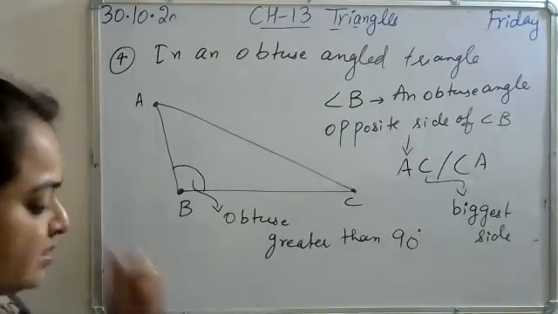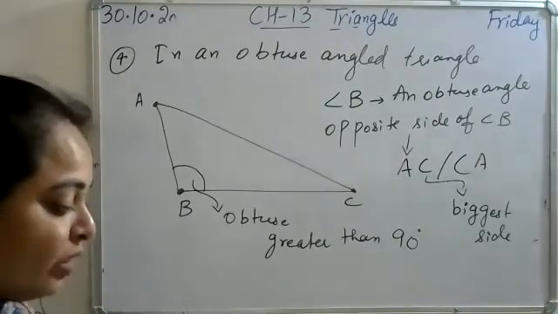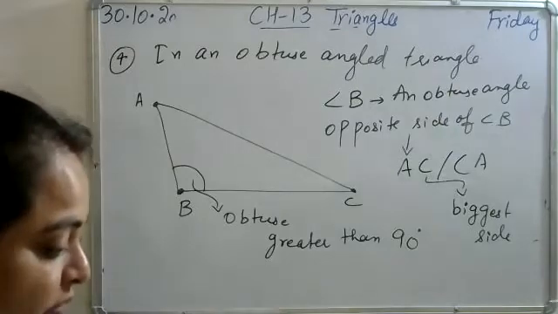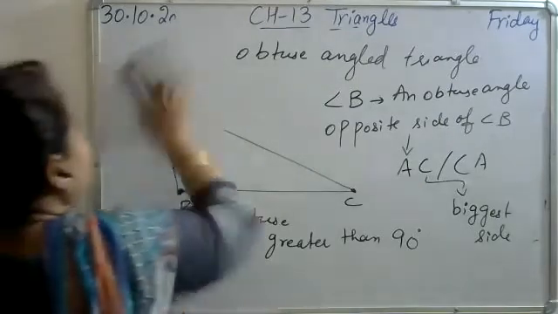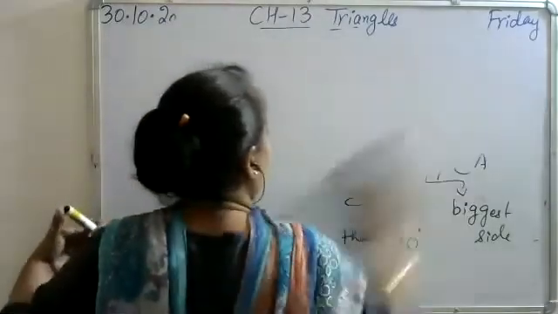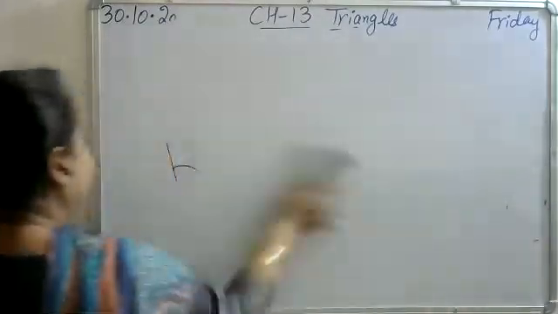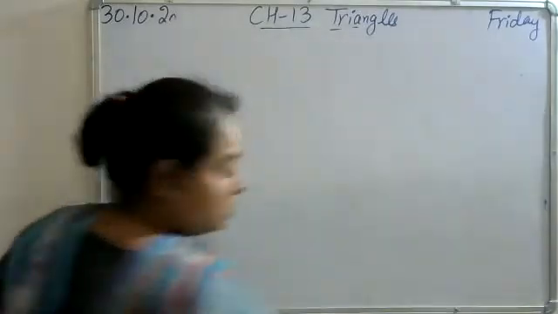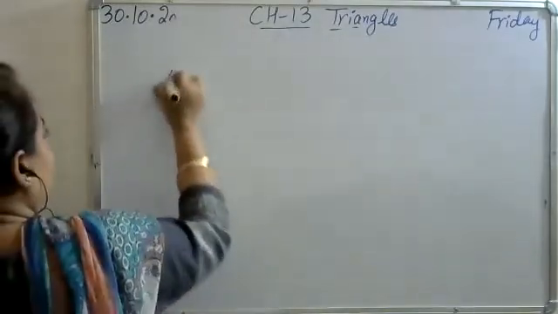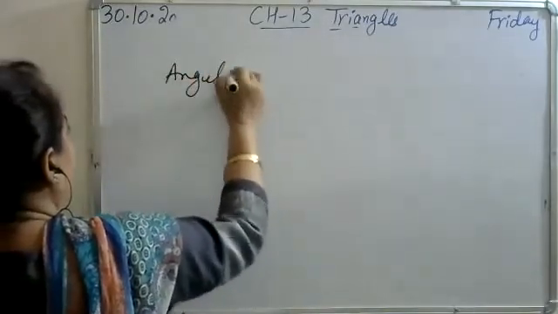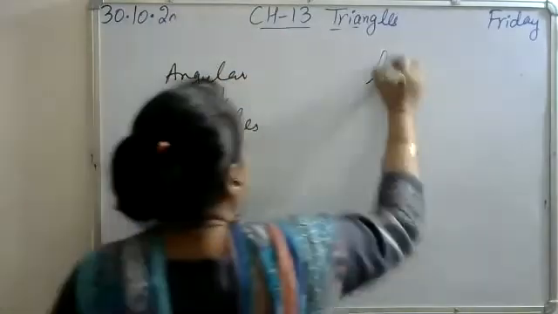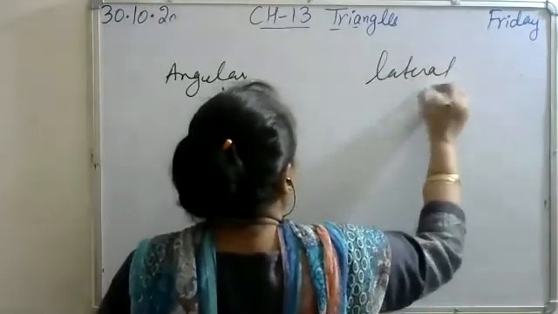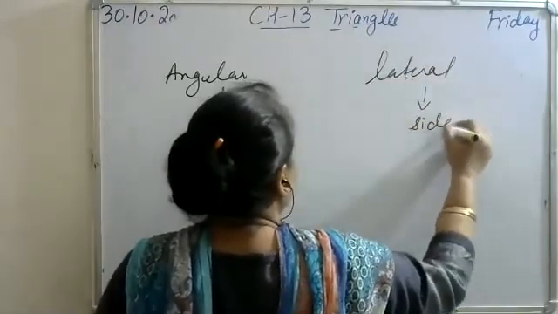Yes, angles. Angular word is used for angle. Very good, Karthik. Well done. So these are some extra interesting facts that you have to know. Angular word is used for angles and lateral word is used for sides.